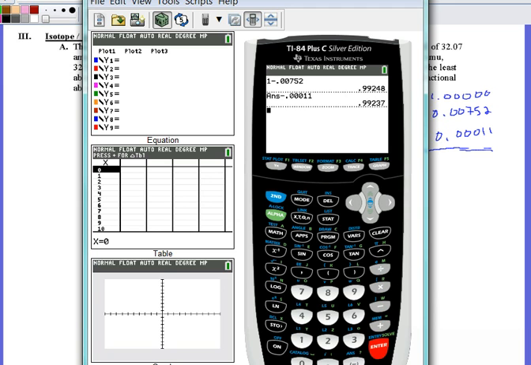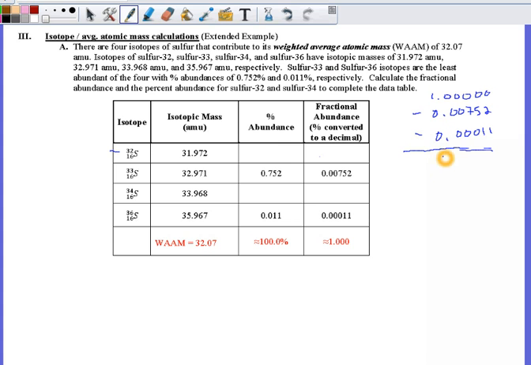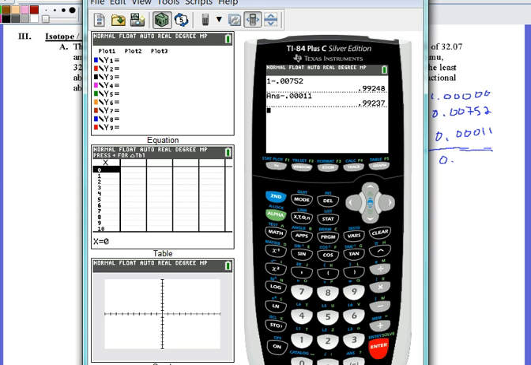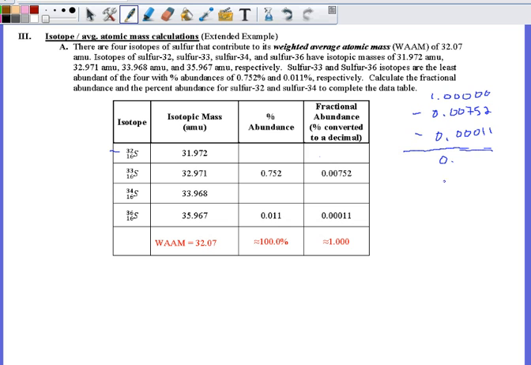And then I see that that has to be 0.99237. So whatever these 2 end up being, they need to add up to that so that my result is 1.